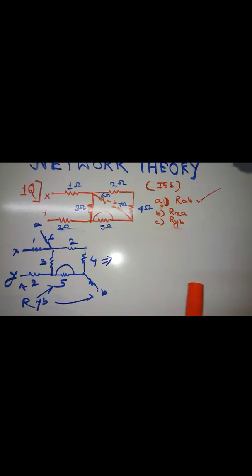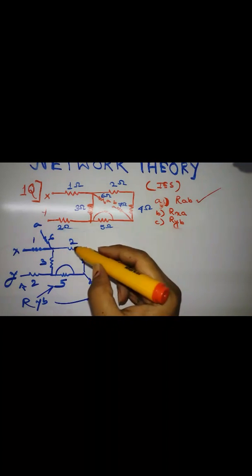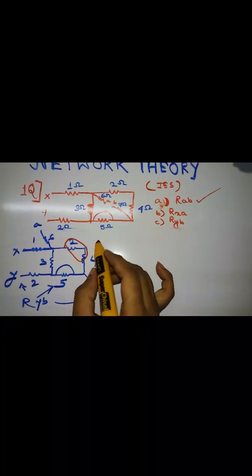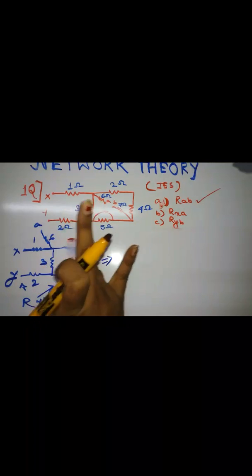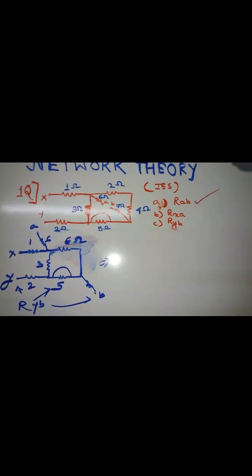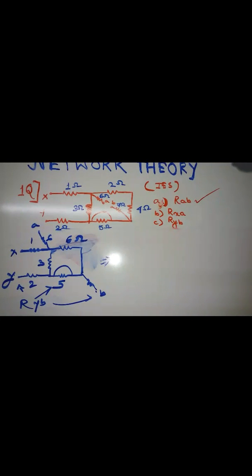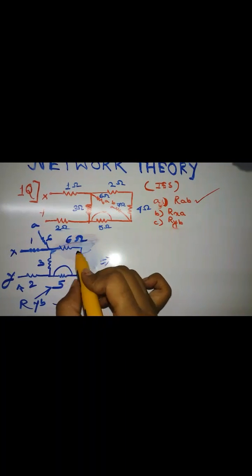Now, as we got familiar with the circuit, we know these two are in series, so we can make it as 1. So yeah, as you can see, we just made it 1.